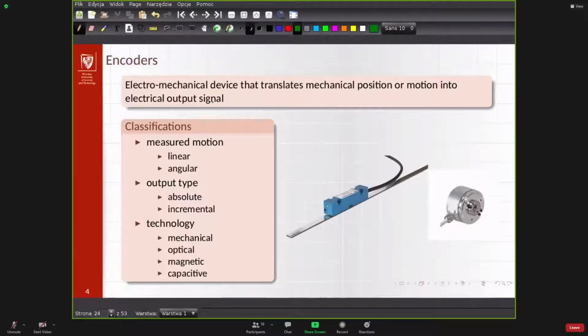We can get the output that is absolute or incremental, and we can do it with different technologies. So they can be mechanical, optical, magnetic, or capacitive encoders. And you can find almost all combinations, and of course in many possible devices.